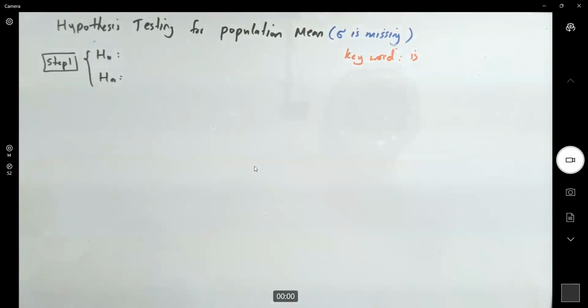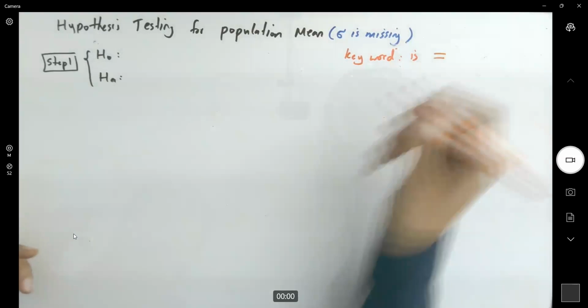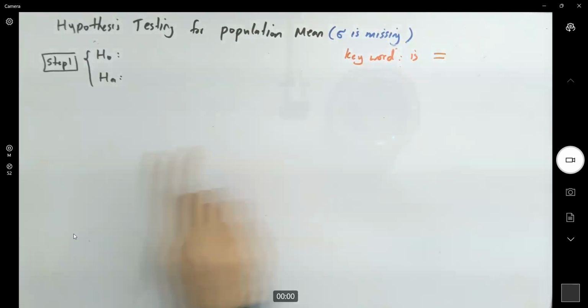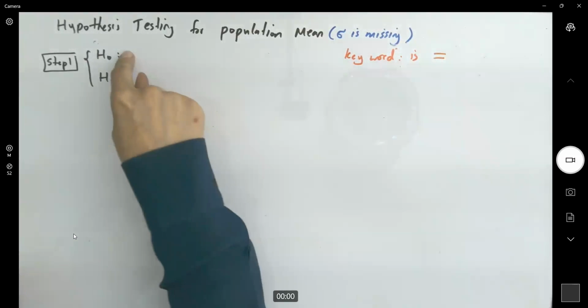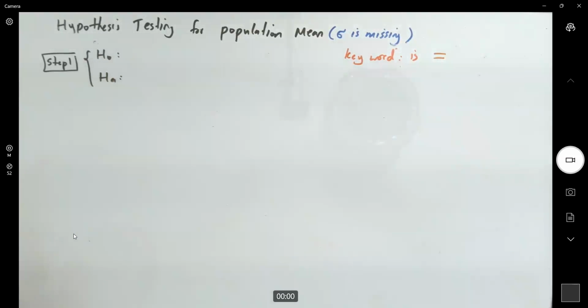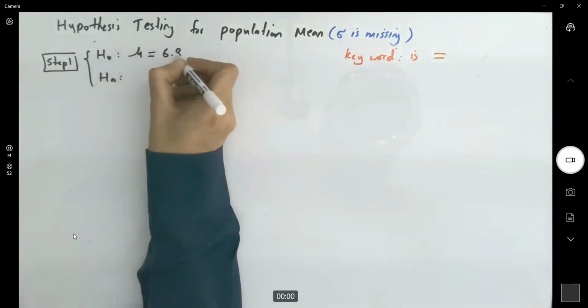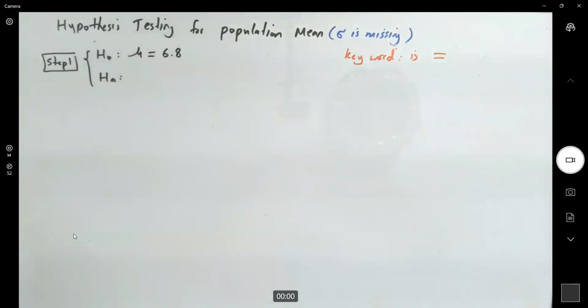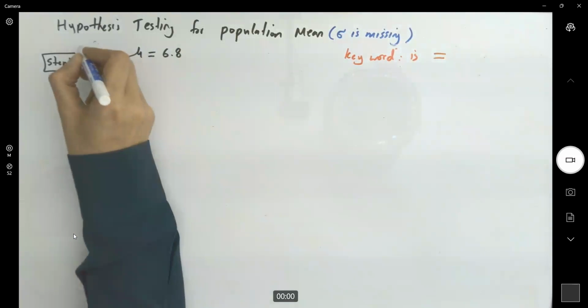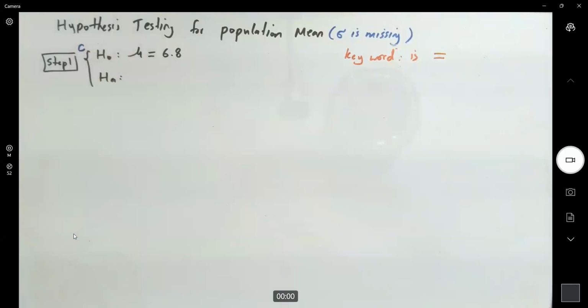It means that we have equality, right? Since it is equality, it means that your null is given to you. So the mean is exactly 6.8. And remember that in this case, your claim and null are the same thing.